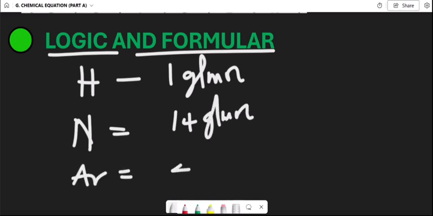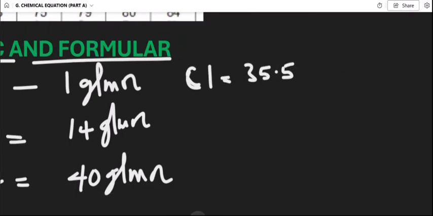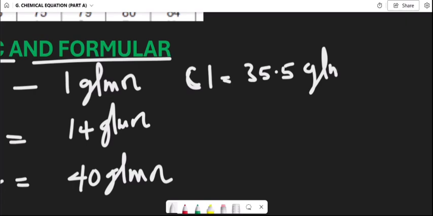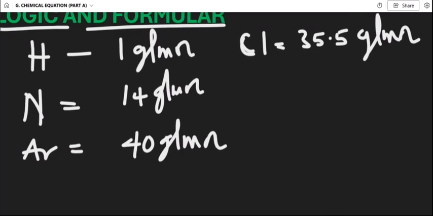Argon is always 40 grams per mole, while the last one is chlorine. Chlorine is always 35.5 grams per mole. So these are the exceptions that we need to just memorize. For the rest, we can apply the logic for the first 20 elements.